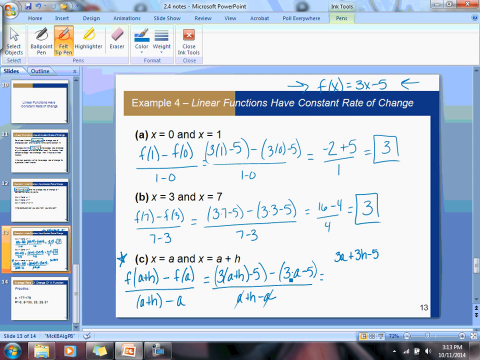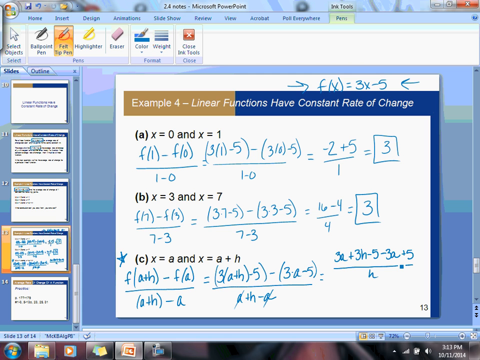And then in my second set of parentheses, I just have the 3 times a minus the 5. I'm going to subtract both of those. So I'm going to do minus 3a and then minus a negative 5. That's going to be plus 5. And all I'm really doing there is I'm distributing and combining my like terms. So that's not a new concept that we're suddenly doing there. And if I subtract my a's in the denominator, this will all be over h.